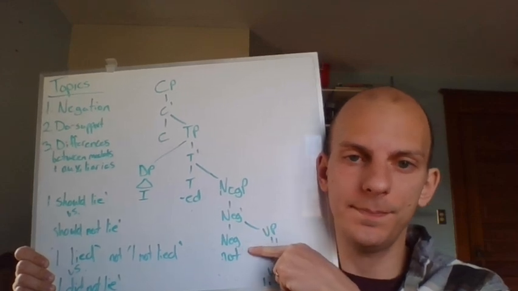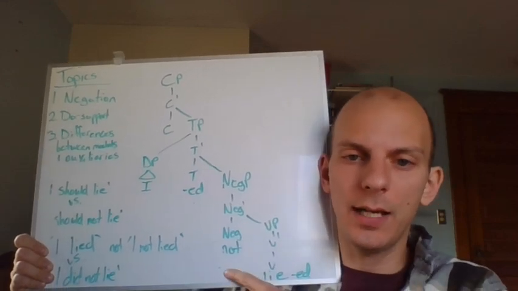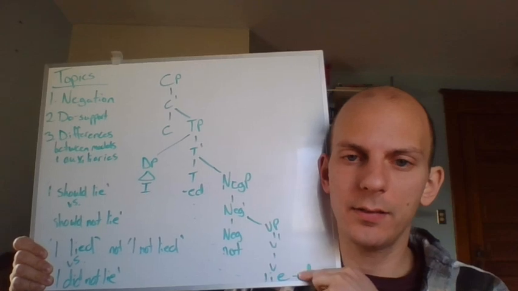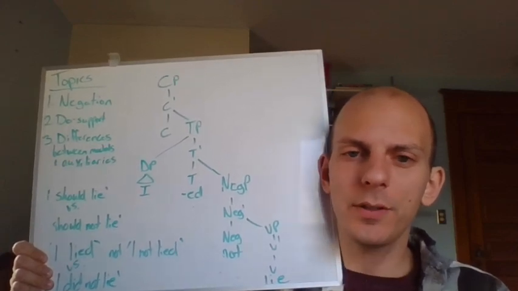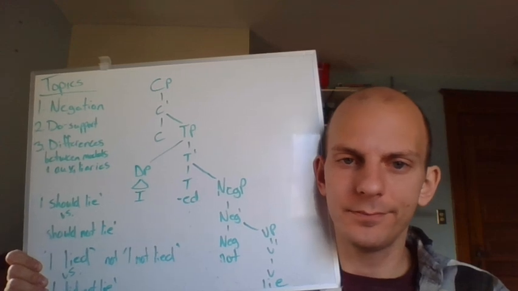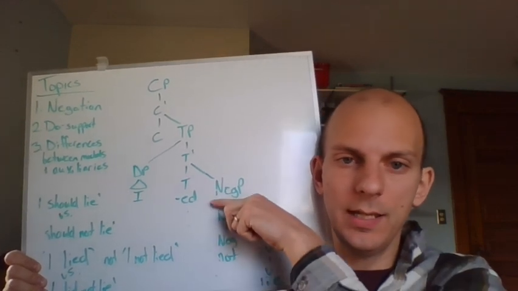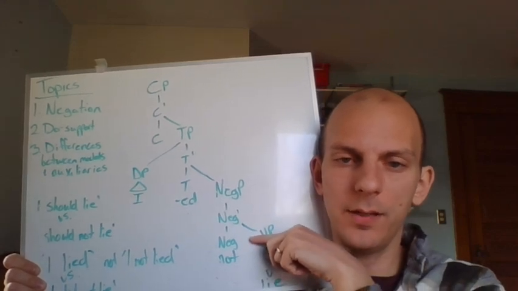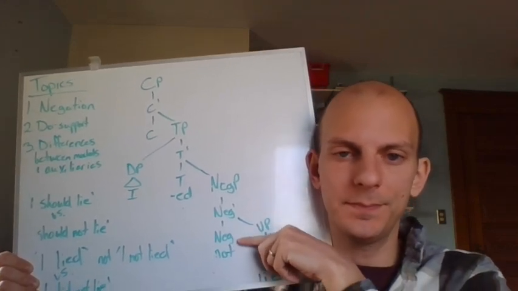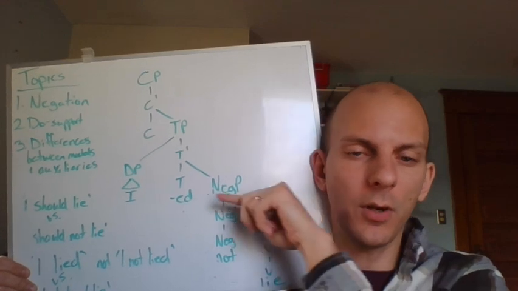So now we're stuck here. We're stuck because the -ed can't lower down to the V because the Neg is in the way. Bully over here interrupts their party.